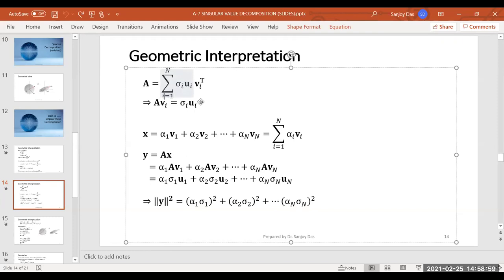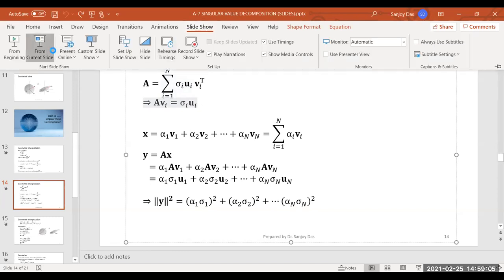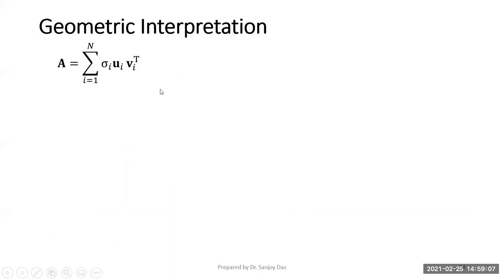Which means that A V_i equals sigma_i u_i. Okay. Remember this. This is important actually. A V_i equals sigma_i u_i.